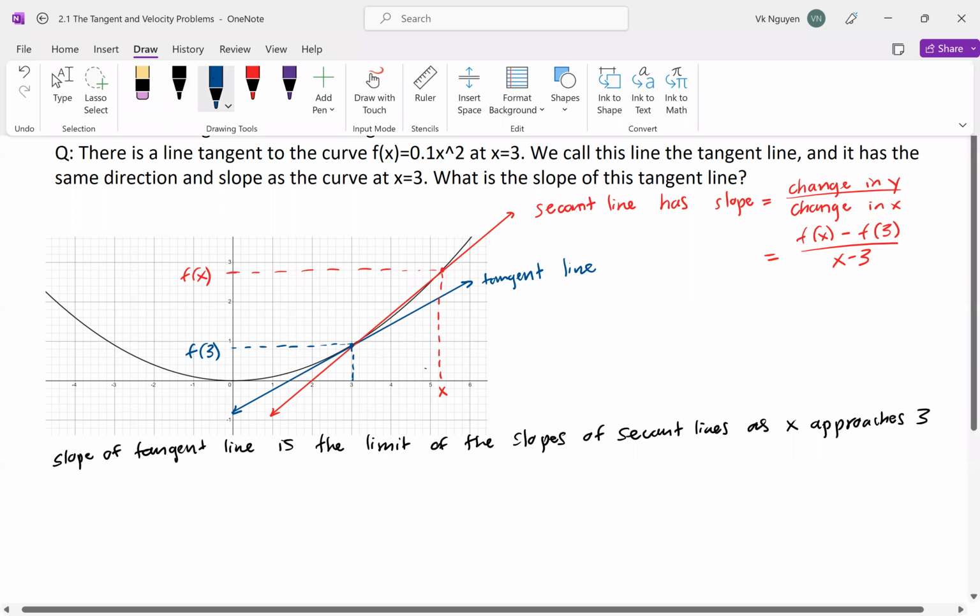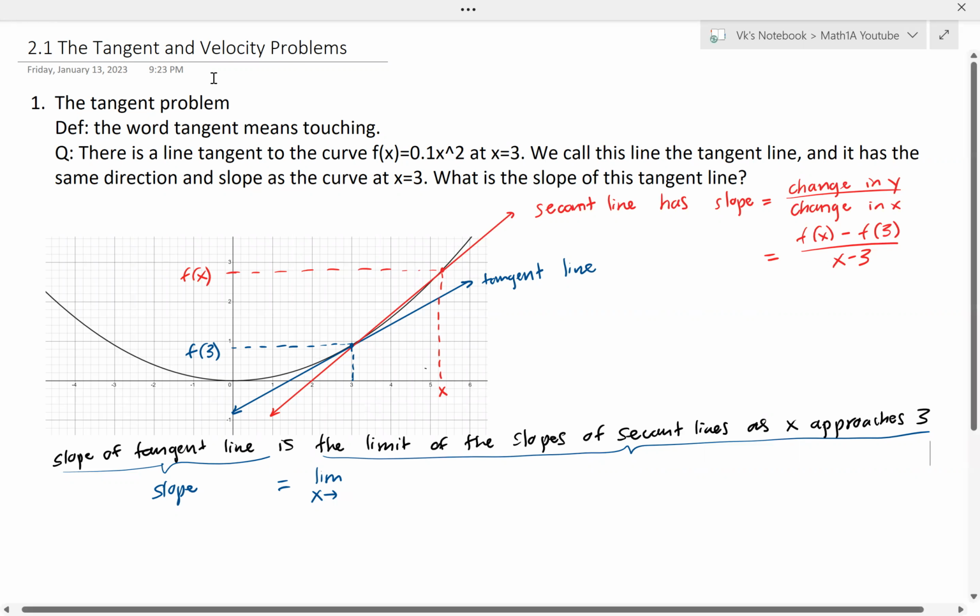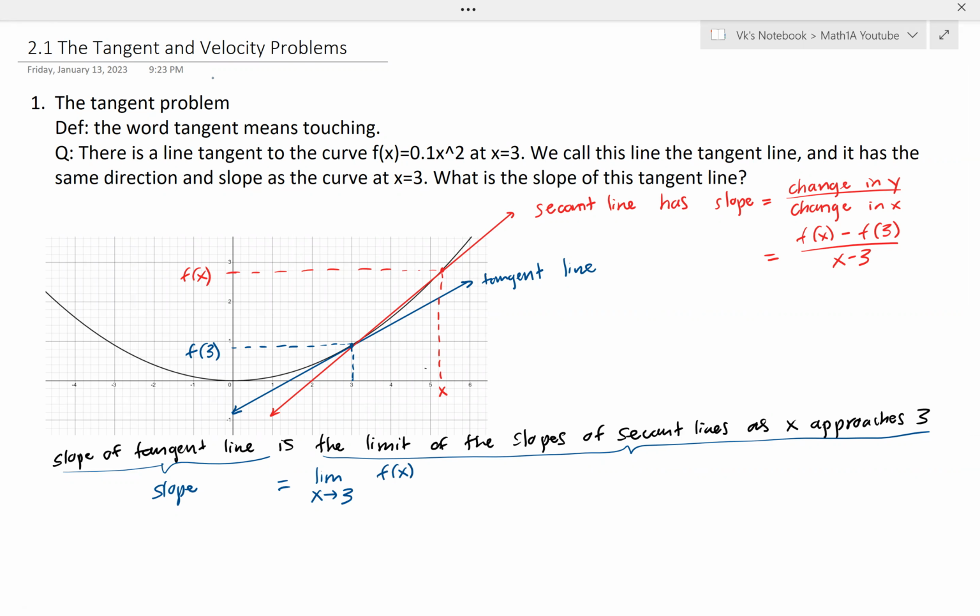The slope of the tangent line is usually considered to be equal to the limit of the slope of the second line as x approaches 3. We use the notation lim for limit, x goes to 3, of the slope of the second line, (f(x) minus f(3)) over (x minus 3). And ta-da! This is where limit comes from.